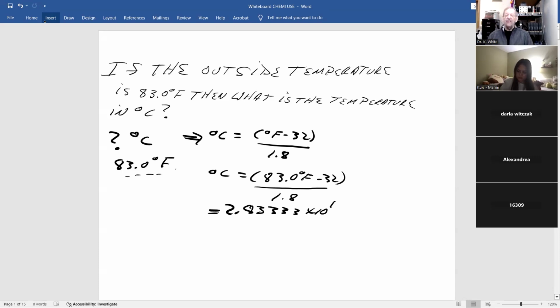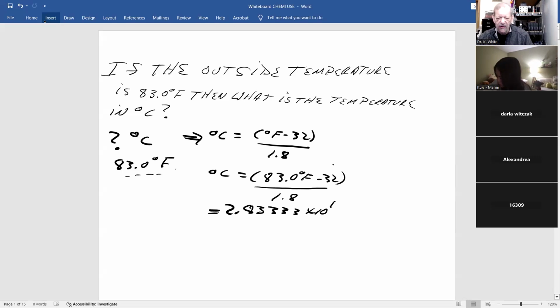Now, you can leave things in scientific notation. In my test and quiz 2, underneath your name, like quiz 1, it will say, please use proper significant figures for all calculated answers. Well, what do we do? We look at this and say, this is a division.